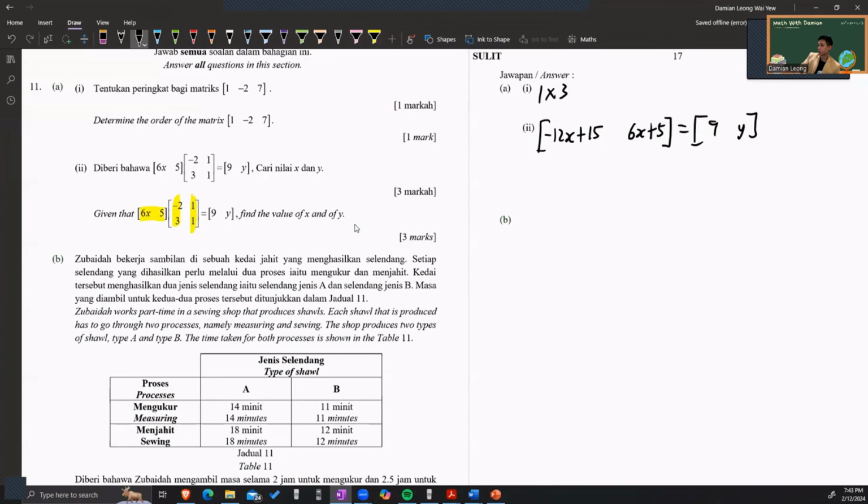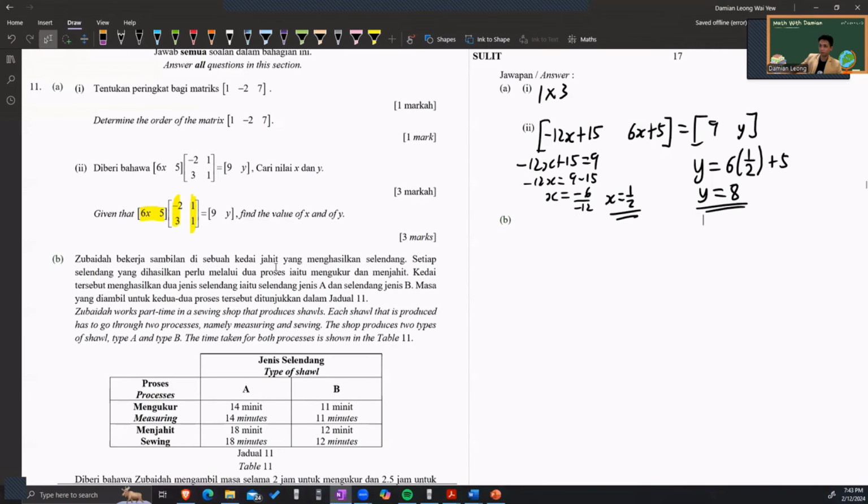So I can compare. Negative 12x plus 15 equals 9. Negative 12x is 9 minus 15. Negative 6. Bring over negative 12. Divide negative 12. X is 1 over 2. Okay, or 0.5. Then compare y equals 6 times, sub in the x, half plus 5, which is 8. That's the values of the x and the y.